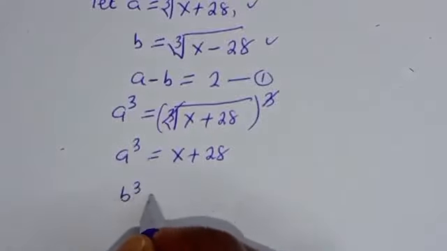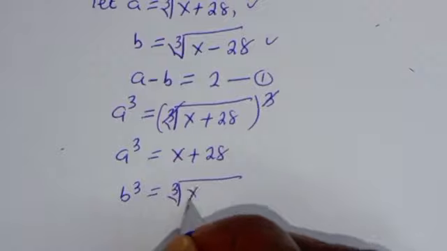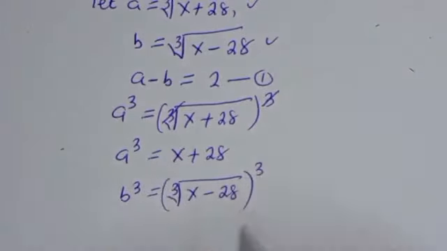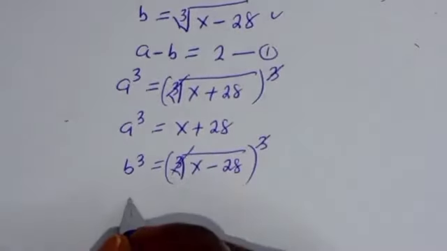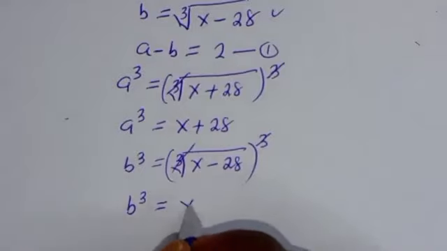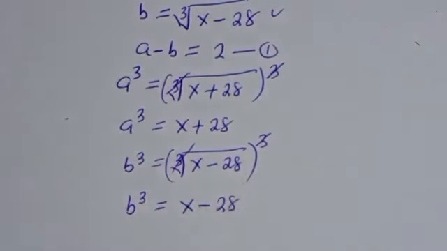Also, b cube is equal to the cube root of s minus 28, cubed. This will cancel this. B cube is equal to s minus 28.